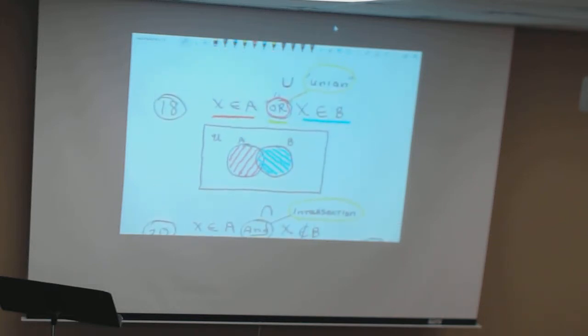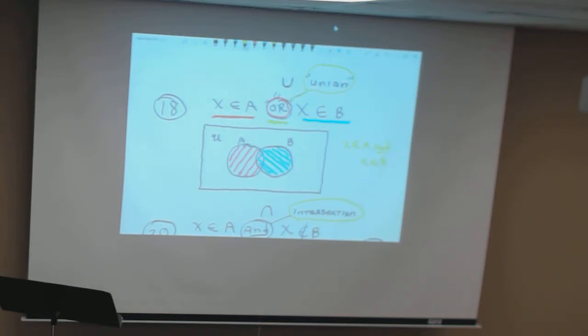And if this would have said X is an element of A and X is an element of B, that would be that little area right in between. You see that? Where the red and the blue overlap.